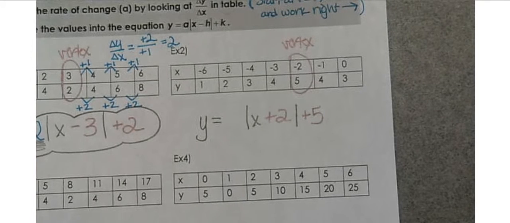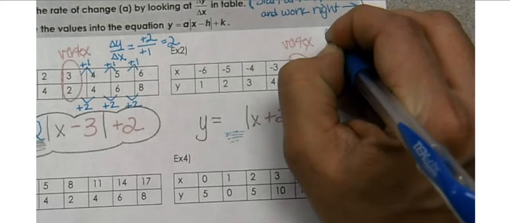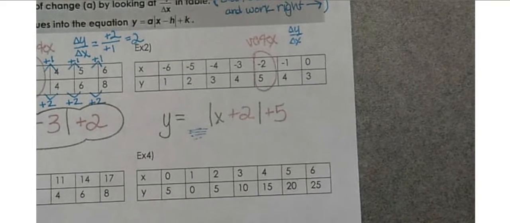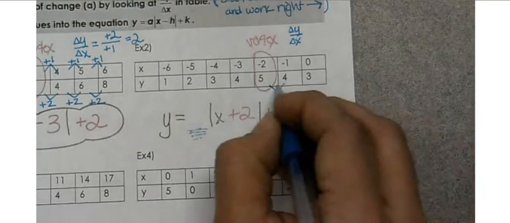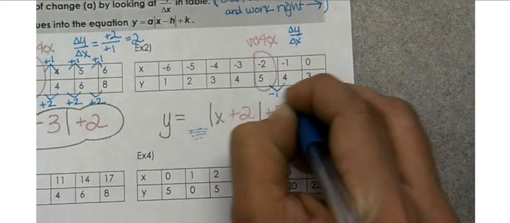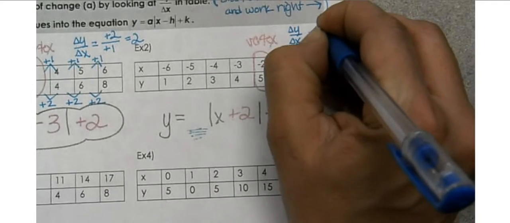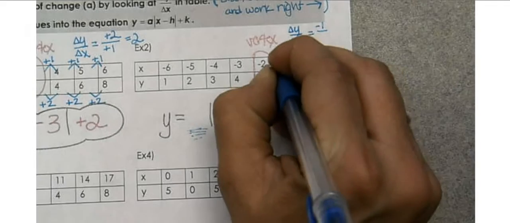Now we need to work on the a value. And we do that by the change in y over the change in x. Let's start at the vertex and work to the right. Notice we're going down 1, down 1. So our change in y is -1. Let's look at our change in x.